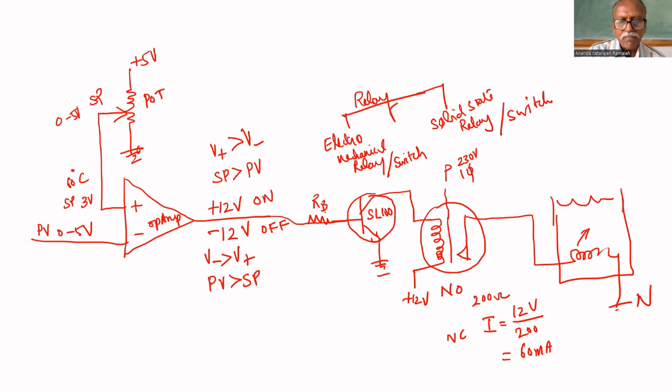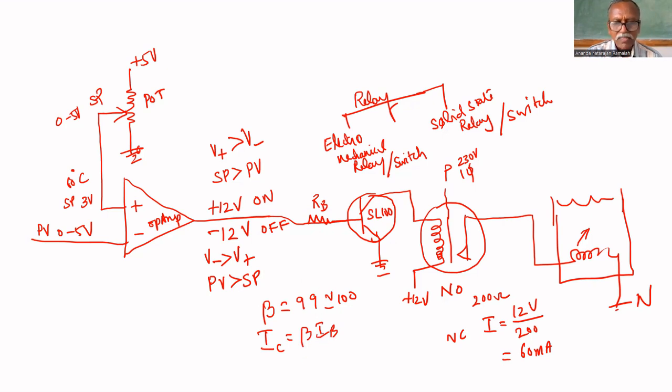We have to find RB. The current gain, beta, of SL100 is 99, say approximately equal to 100. We know that IC equals beta times IB.